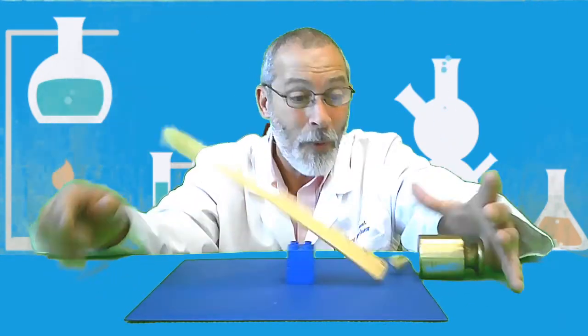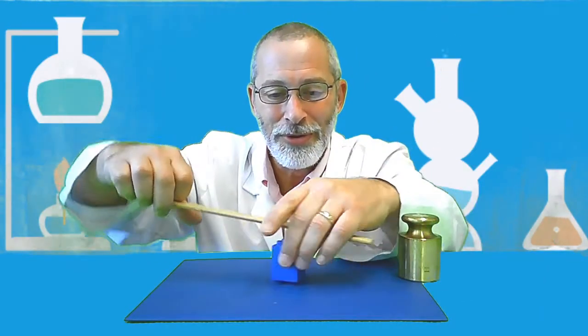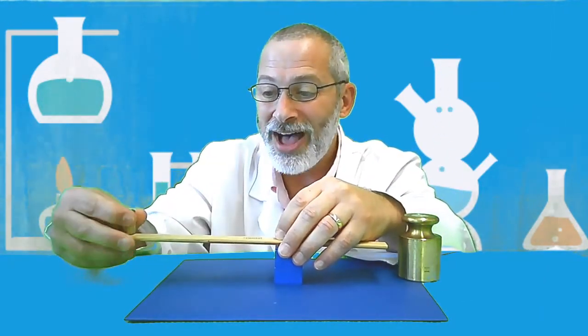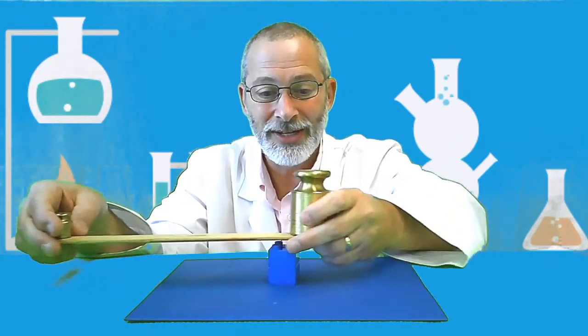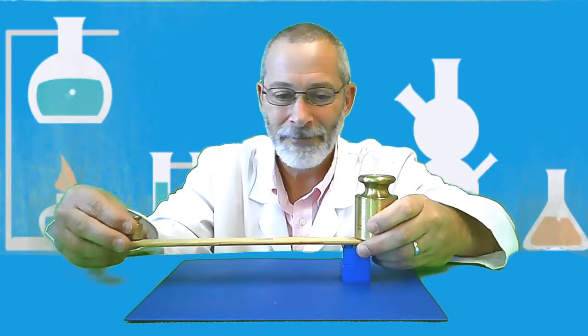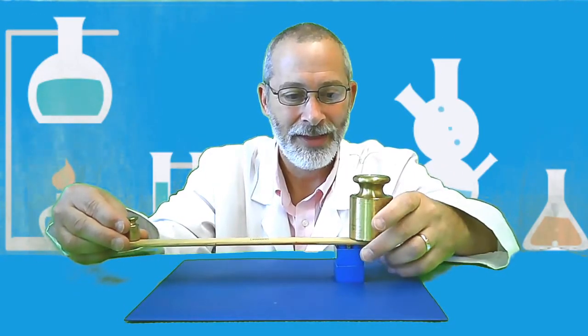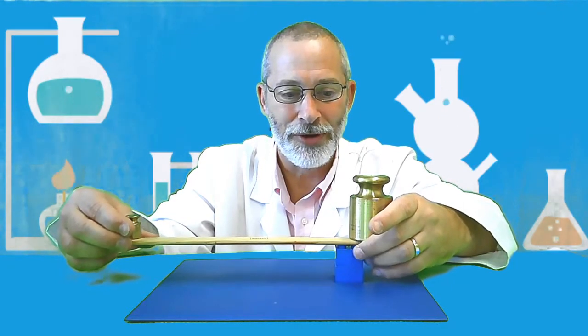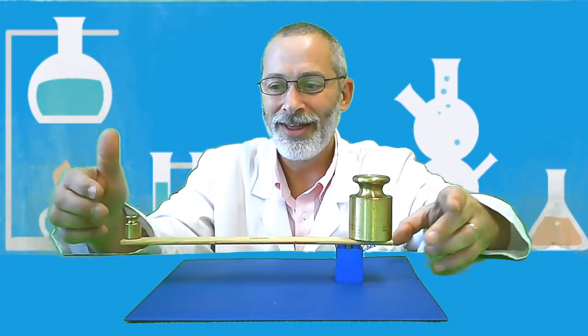Yeah, the kilogram. Whoa! Did you see that? The big kilogram threw the 0.05 kilogram mass off pretty significantly. But notice what I'm doing. If I move the fulcrum over enough, check it out.